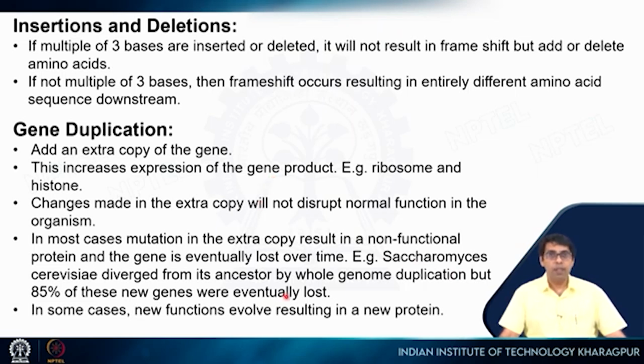For example, Saccharomyces cerevisiae diverged from its ancestor by whole genome duplication, which means that in this particular yeast the whole genome was duplicated, and 85% of these new genes were eventually lost, but 15% of the genes resulted in some new protein, and that resulted in the evolution of this new organism. So in some cases, new function evolved, resulting in a new protein. So after gene duplication, the extra copy can evolve into a new protein with a new function.